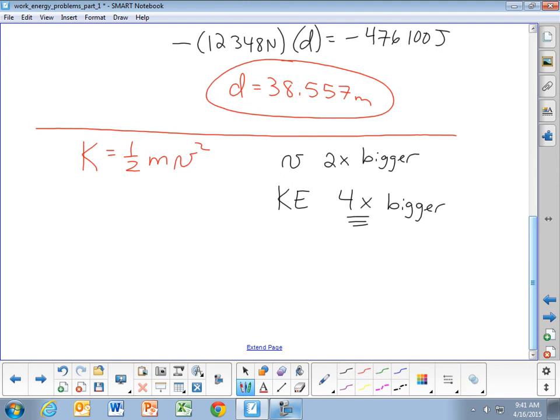So the work done needs to be 4 times bigger. In this, we have the same force of friction acting.